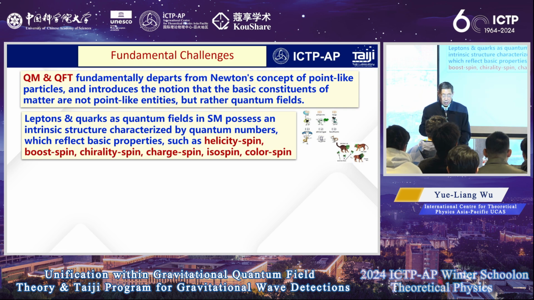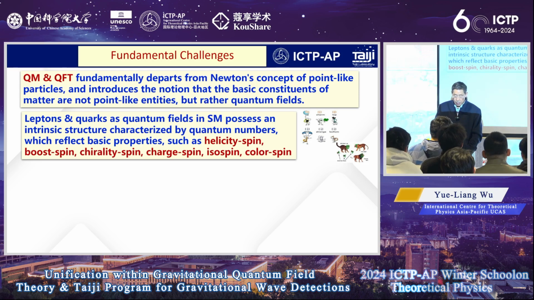Actually, regarding quantum mechanics and quantum field theories, we know Einstein's theory already abandoned some of Newton's ideas, but the most important one, Newton's concept of point particles, is still a problem in general relativity.